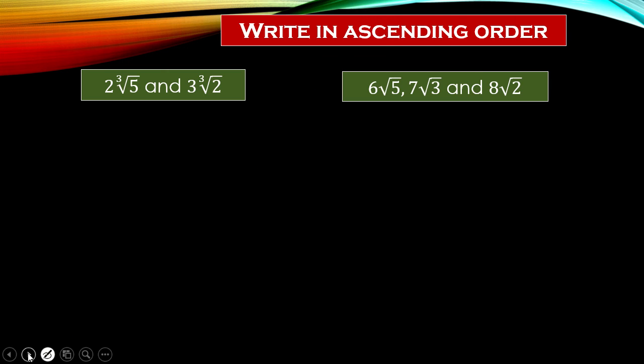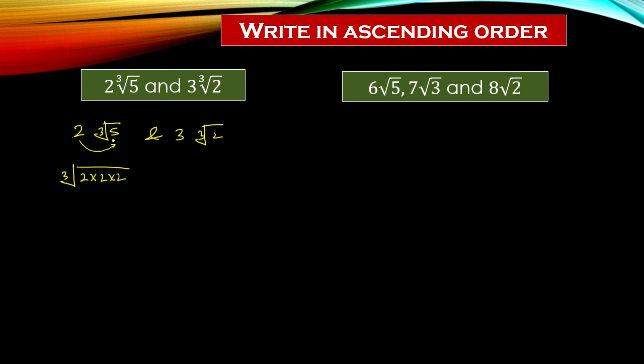Now let's see. Here we have 2 times the cubic root of 5 and 3 times the cubic root of 2. First we write 2 times the cubic root of 5, and the second number is 3 times the cubic root of 2. The 2 is outside. If we want to get 2 inside the cubic root, we have to write 2 three times, and 5 is already there, so we write 5 as it is.